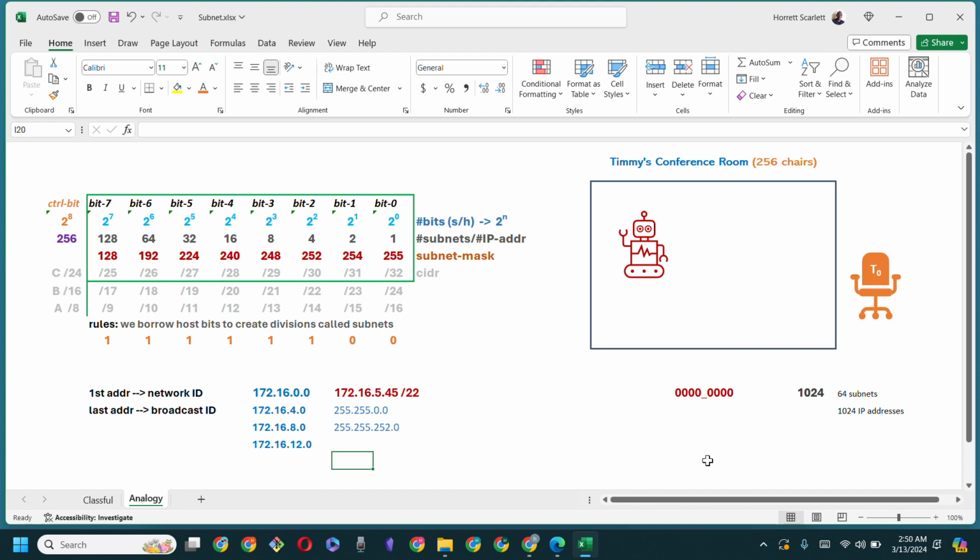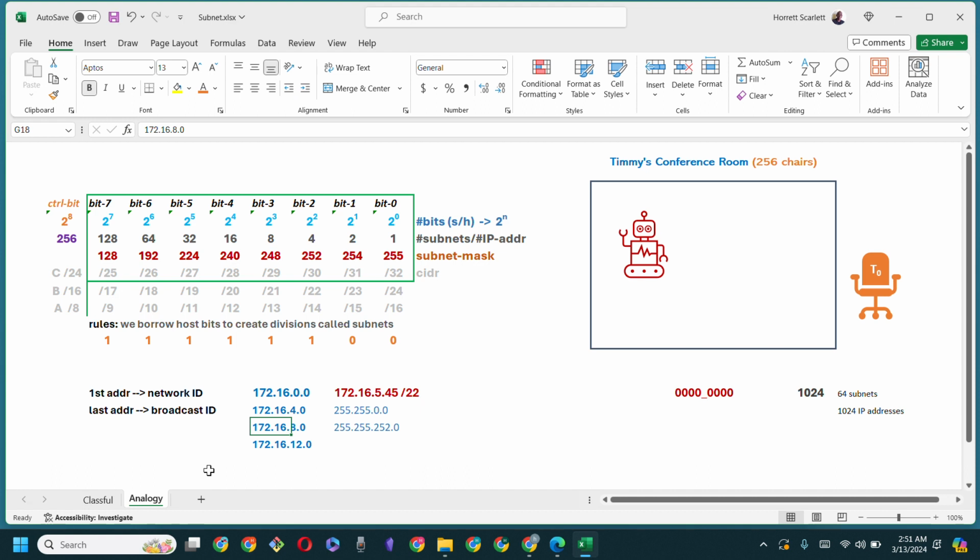So we wanted to determine which subnet 172.16.5.45 falls into. If we look at the IP addresses that we have so far, we should easily see that it's going to fall between 172.16.4.0 and 172.16.8.0.